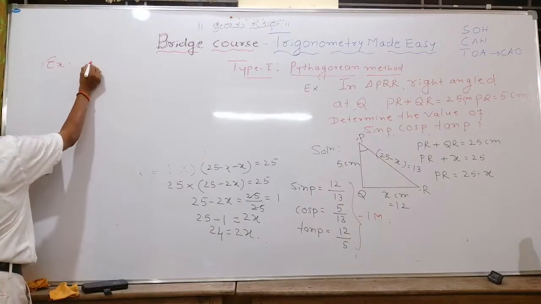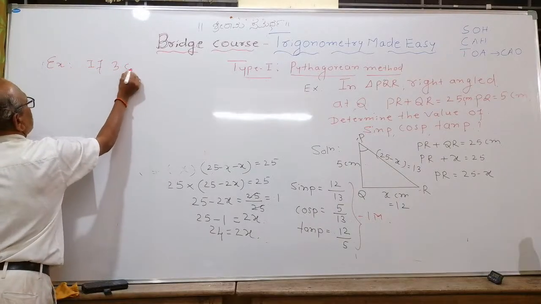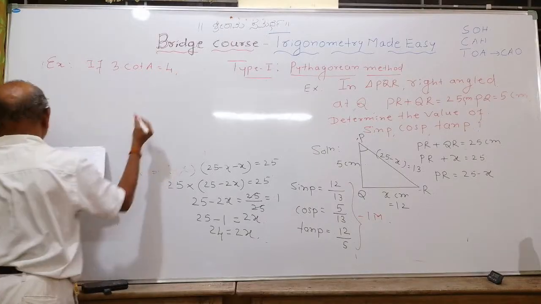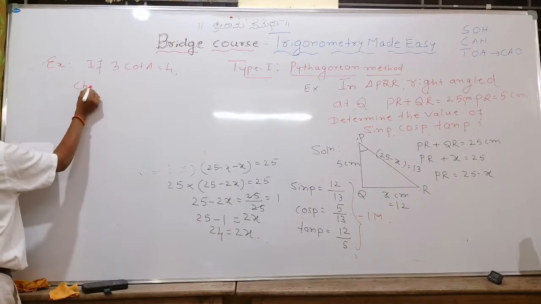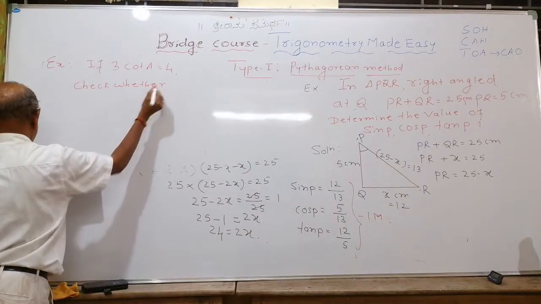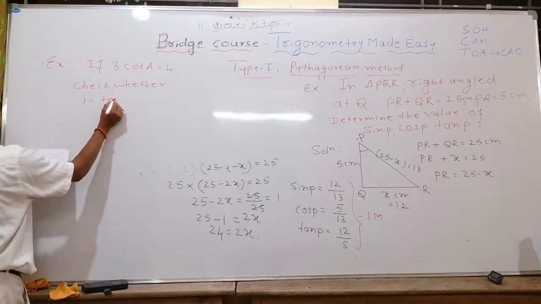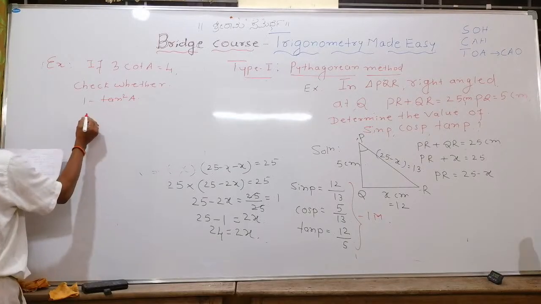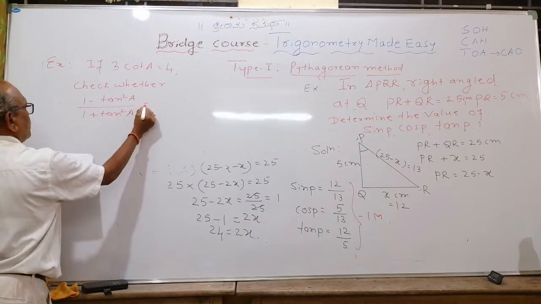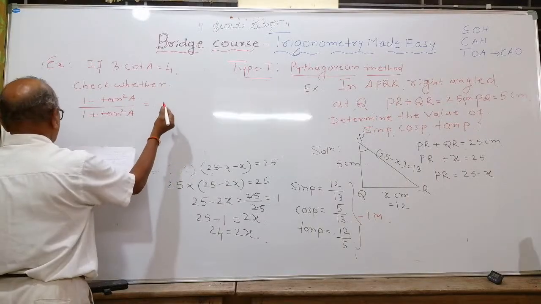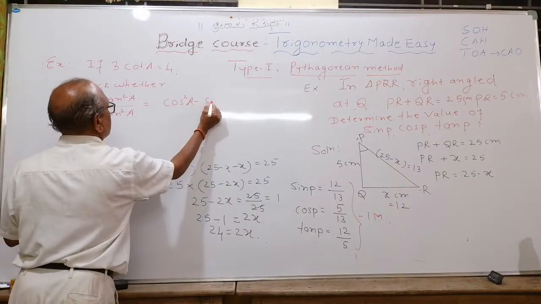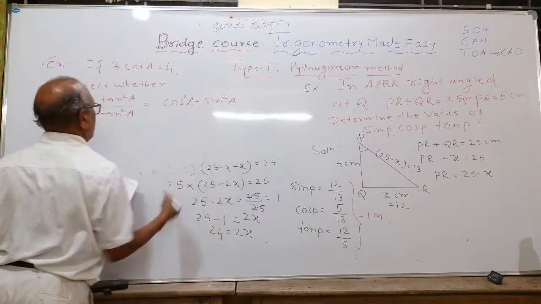If 3 cot A is equal to 4, check whether (1 minus tan square A) upon (1 plus tan square A) is equal to cos square A minus sin square A. Take 1 or 2 minutes.